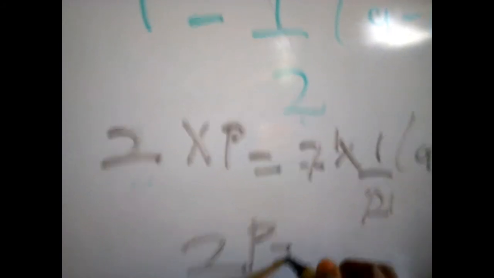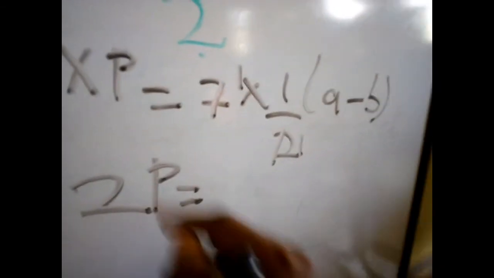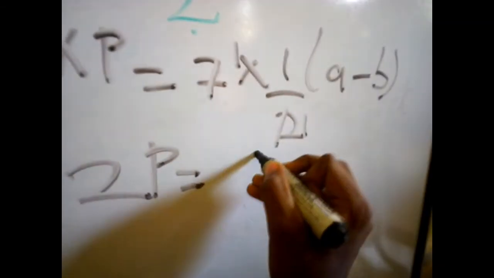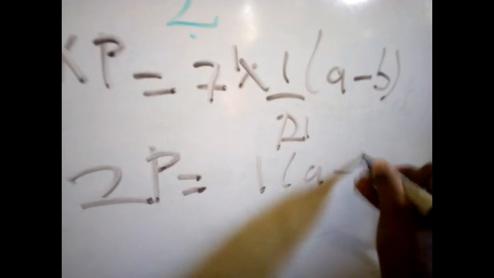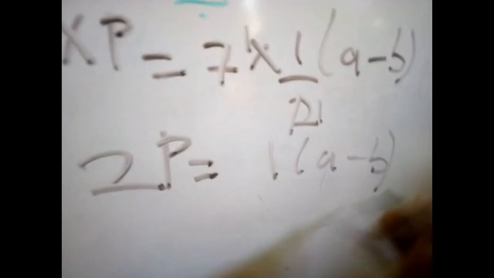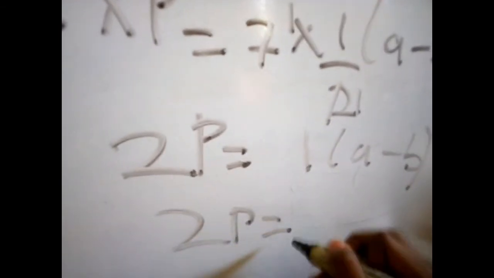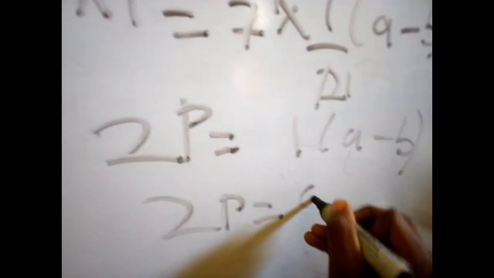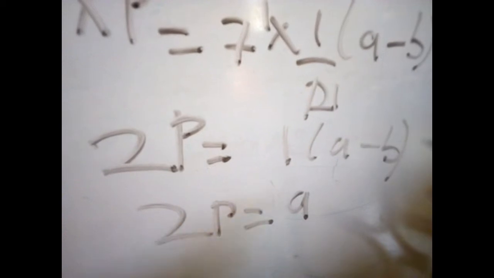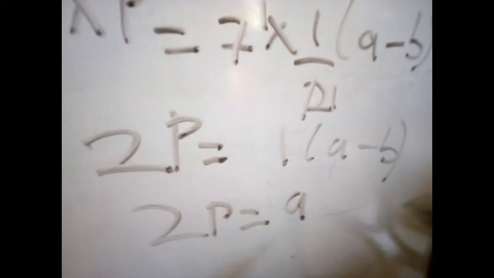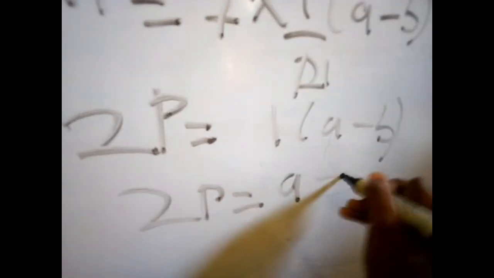Please, the p is capital, don't make it small. So 1 times 1 is 1, then a minus b. So when you get it like this, 2p is equal to 1 times a is 1a, which is a. 1 times negative b is negative 1b, which is negative b.